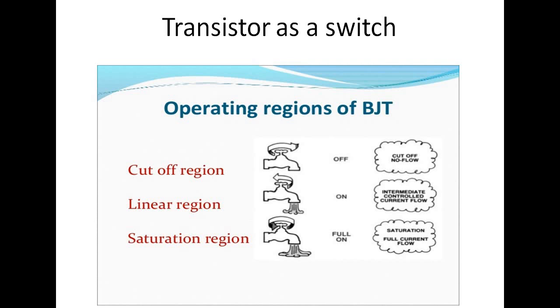Cutoff region means output current is 0, output voltage will be high. Saturation region means current is maximum, output voltage is 0.